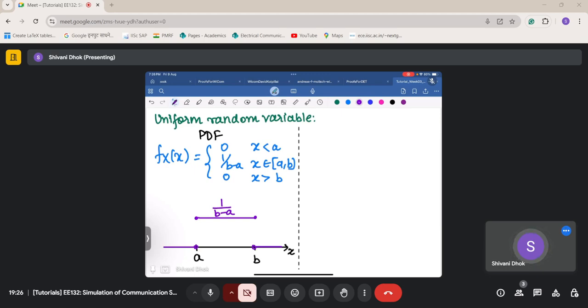So this is the uniform density, or the uniform distribution probability density function.